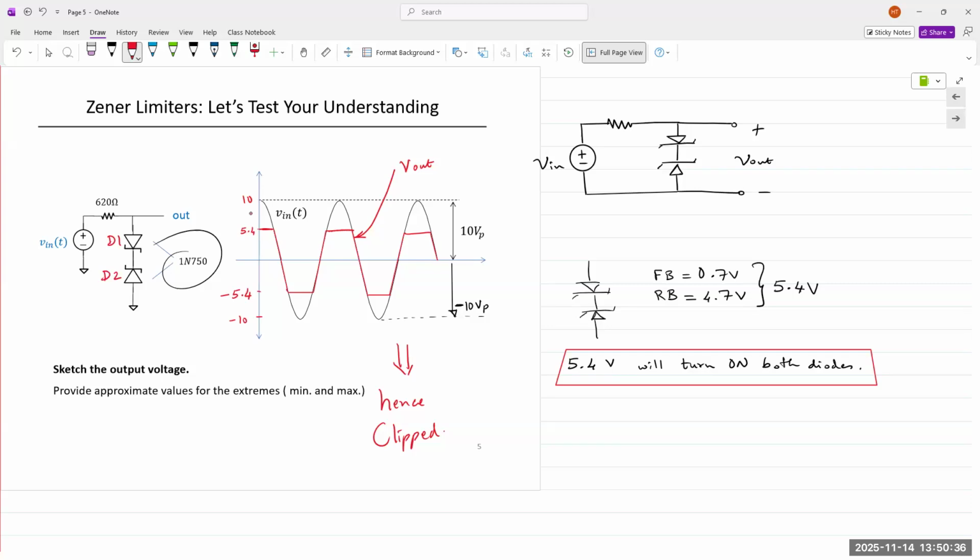In the positive half cycle, D1 is forward biased, D2 is reverse biased, and in the negative half cycle, D1 is reverse biased and D2 is forward biased. And that gives us 5.4 in both directions.